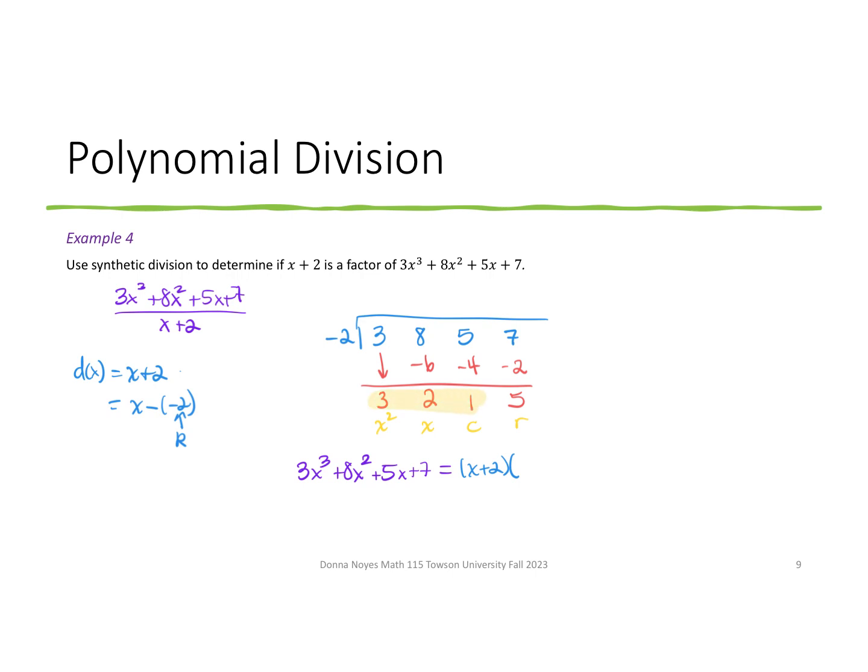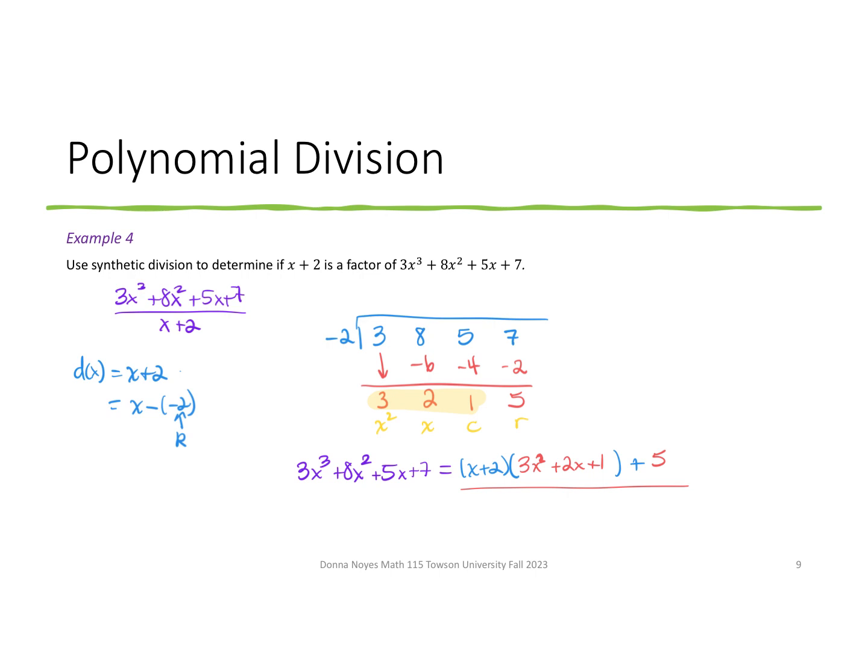This is our quotient. So that's our 3, 2, and 1. So 3x squareds plus 2x's plus 1. And we would say plus our remainder, which is 5. So that would be our solution.